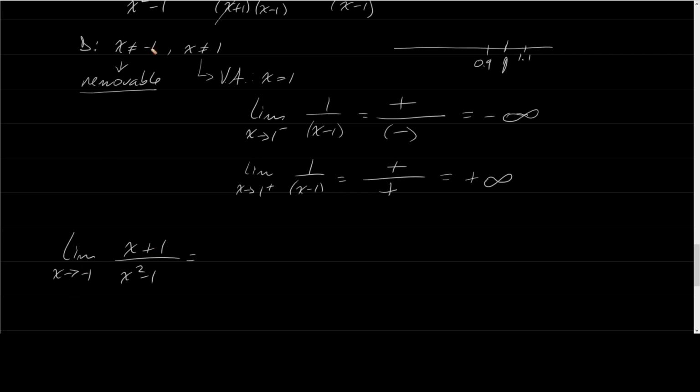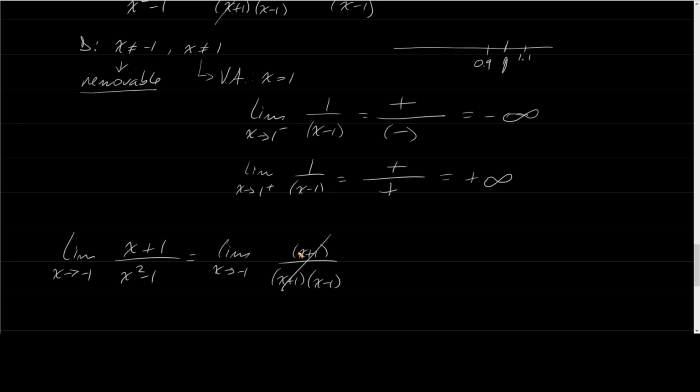If it's going to be a removable discontinuity, this limit must exist, not just the one-sided limit, but the limit overall. So this is the limit as x approaches -1 of x plus 1 over x plus 1 times x minus 1.